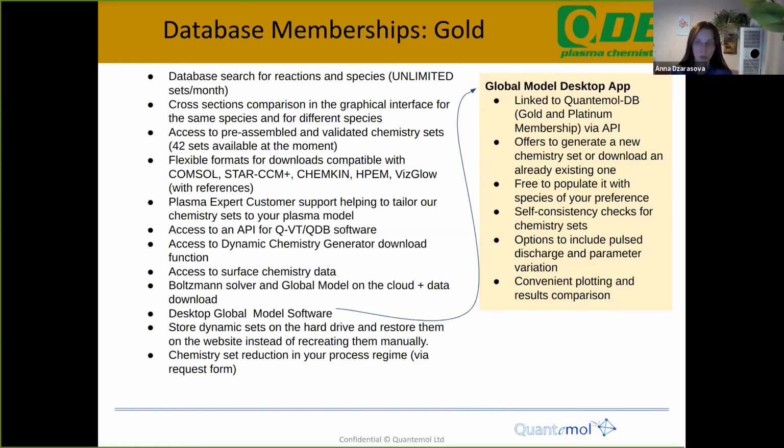So if, let's say, you work with some kind of secret chemistry, you can add your own data and also run the global model with it. You can also store a chemistry set you assembled using the dynamic chemistry application, for example, and then restore it and run it again. An additional benefit is that we will also offer a chemistry reduction as part of the support as well. So I believe Sebastian will comment on this.